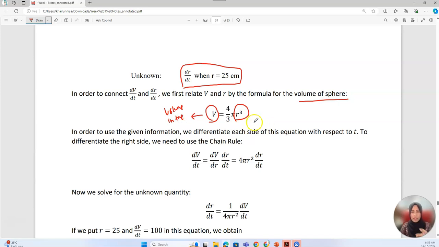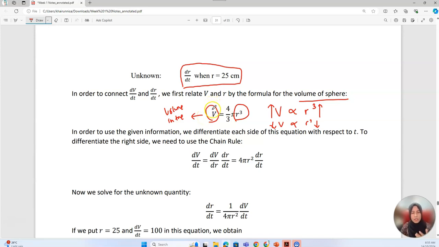If you look at this relationship, the V here has a direct relationship with the r cube. So as long as the V increases, the r cube will also increase. Same goes with as long as the V decreases, the r will also decrease, and vice versa. Meaning that if r cube is decreasing, the volume will also be decreasing. And if the r is increasing, the volume is also increasing. Now we have this relationship, but there's no t here.